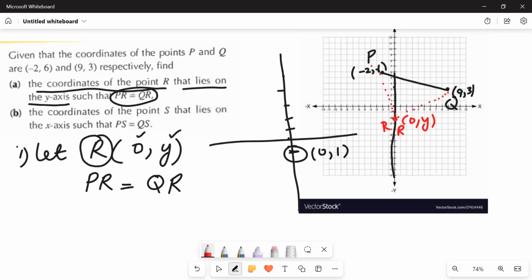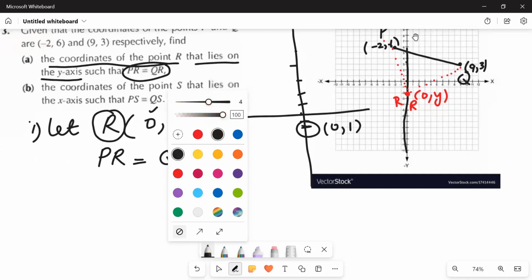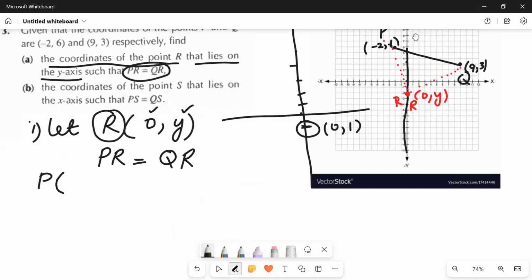So for finding this y, we write PR equals QR. This condition is given. Now according to this, what are the PR values? P is (-2, 6) and R is (0, y).